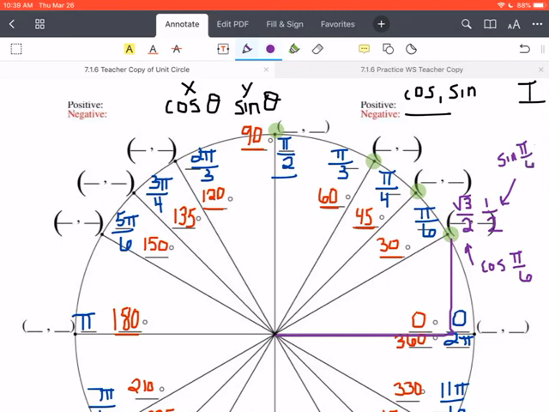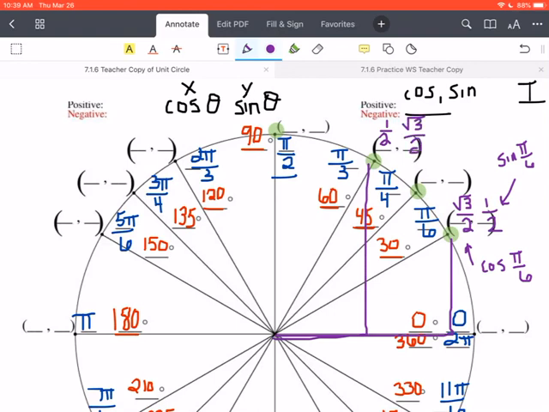Now from here, I'm going to focus on the 60-degree angle, because to get to 60, we're going to go short, long. So it's literally the same triangle, just flipped. First, our x value is 1/2, and then our y value is root 3 over 2.